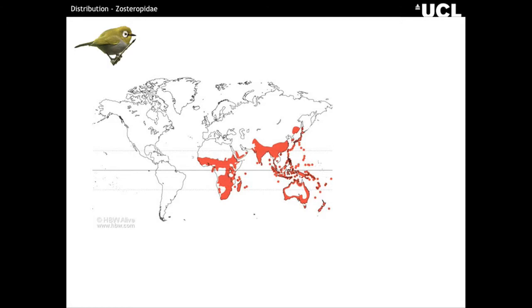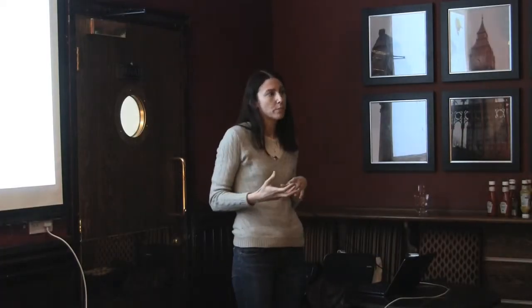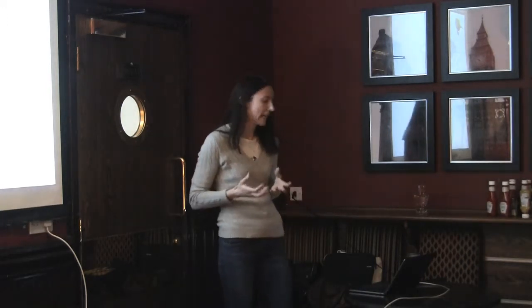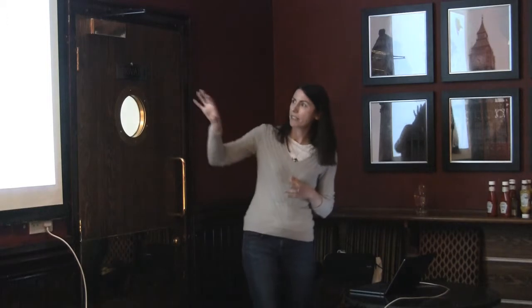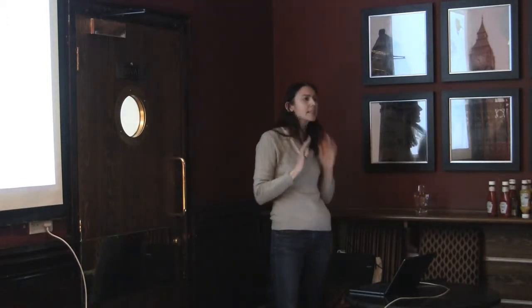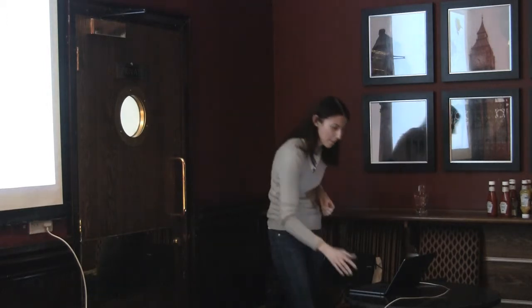Someone showed me one of the silvereyes that they've seen in New Zealand. It's interesting because 90% of Zosteropidae diversity is found on islands, and a lot of that diversity is in that region of Asia. So these guys have an exceptional colonisation ability.